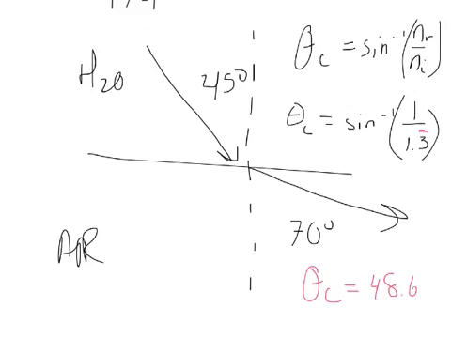Now, here's what this means. Currently, this would not undergo total internal reflection because what's the incoming angle? And that's less than this angle, isn't it? But the minute I make this angle bigger than 48.6, if it's exactly 48.6, the ray will refract all the way to the normal like that. It'll have a refraction angle of 90 degrees. And it'll be along the surface, the light.